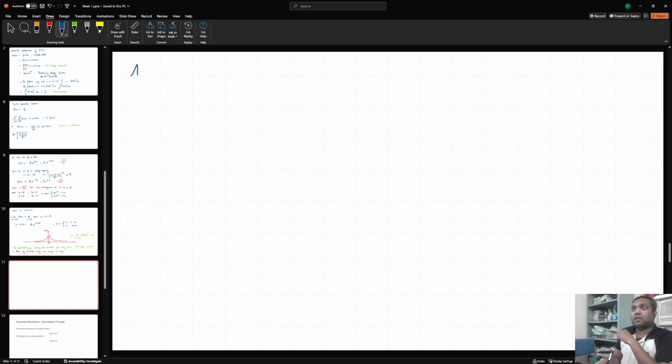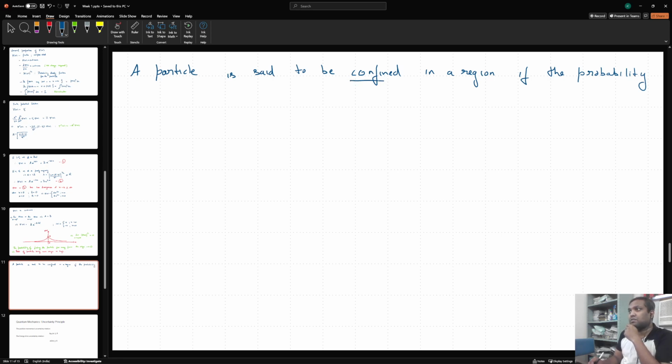So a particle is said to be confined in a region if the probability of finding the particle outside of that region is vanishingly small. This is what we are trying to define.